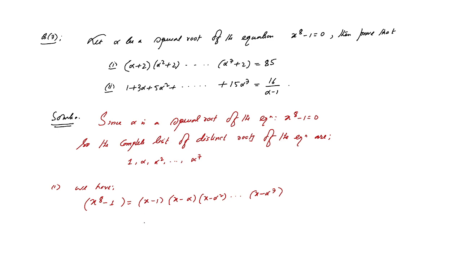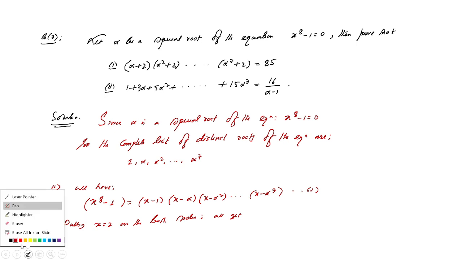So now we'll put a value for x. Because we need alpha plus 2, it will be the right way to put x equals minus 2 on both sides.